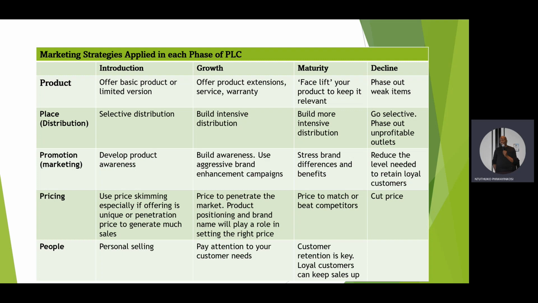Right. Under decline now, people have lost interest in your product. Go selective, just phase out all the unprofitable outlets. Now you have your loyal customers. Your loyal customers will always buy your product, whether they like it or not, because they have become so entrenched in your product.